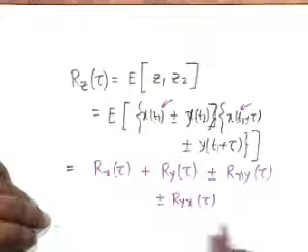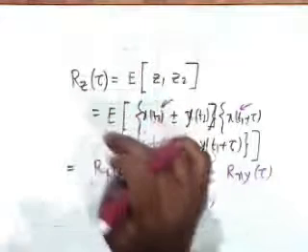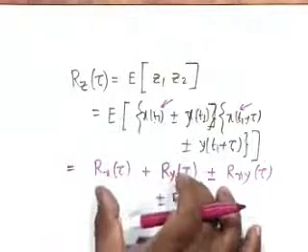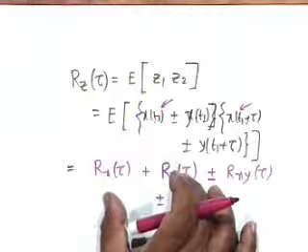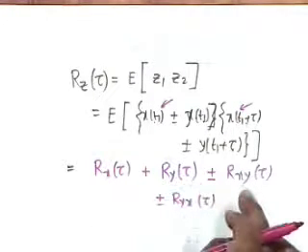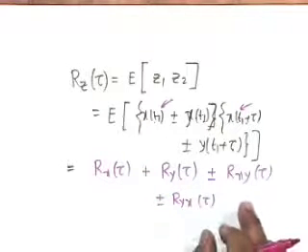Now, in this formula you see that the autocorrelation of z, the new random process, is the sum of the autocorrelation functions of the individual random processes plus the algebraic sum of all the cross correlation coefficients. And this is in general true.